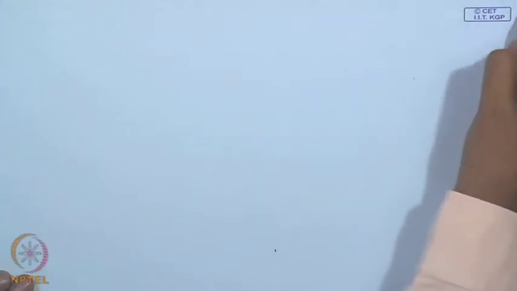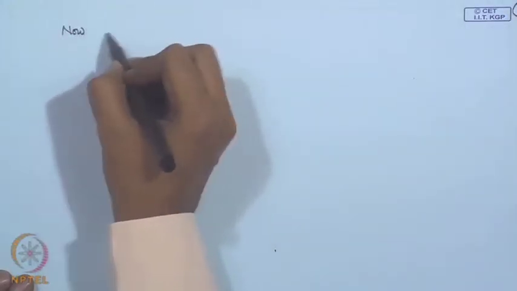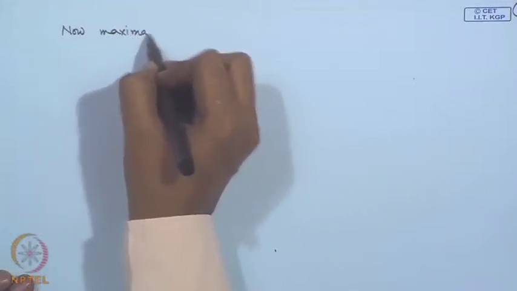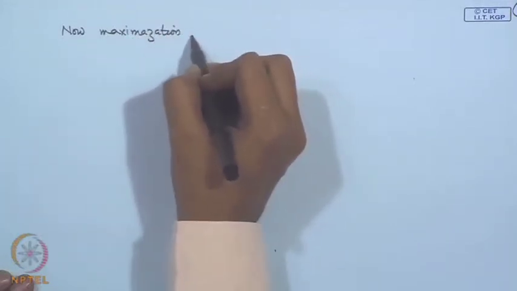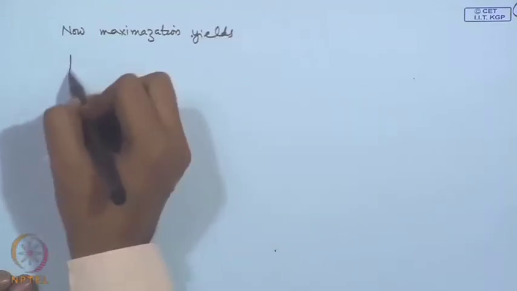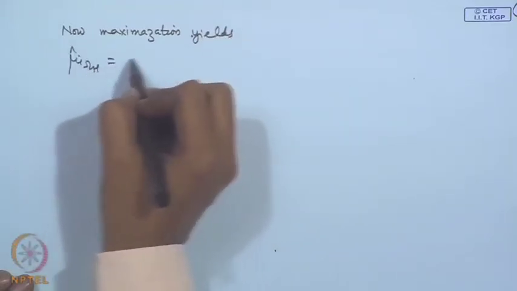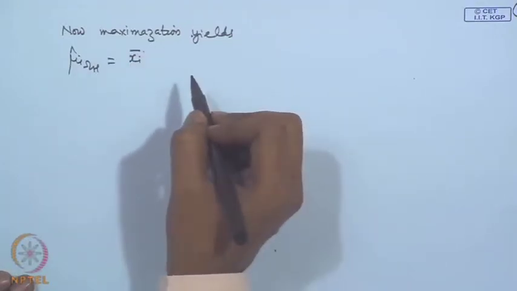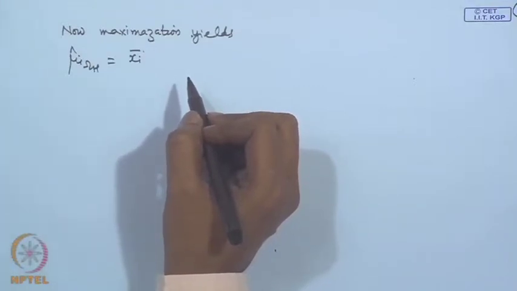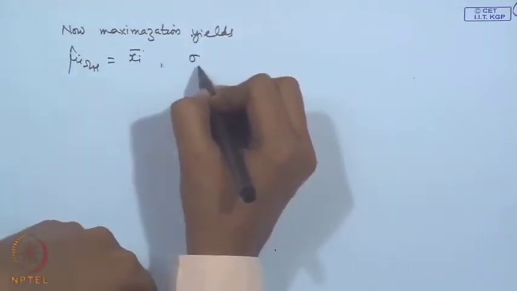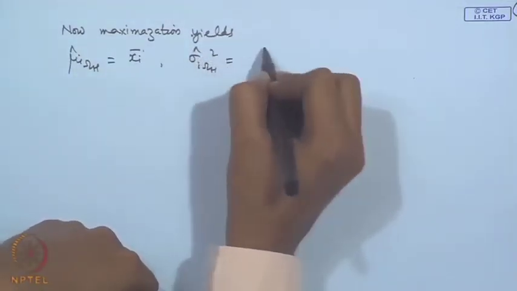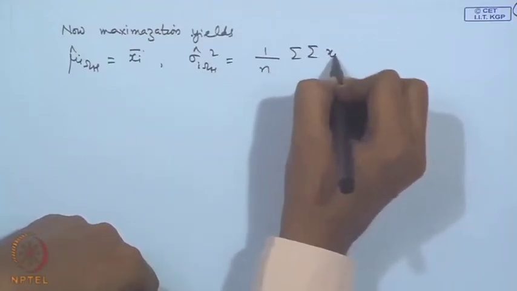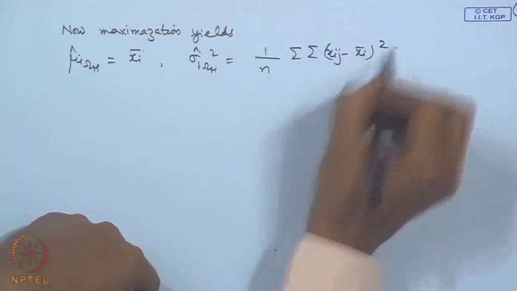So, now if we consider the maximization, it yields mu_i omega_H hat as before, that is x_i bar, but the value of sigma omega_H hat square becomes 1 by n double summation (x_ij minus x_i bar) square.